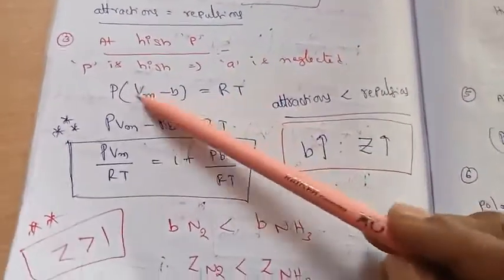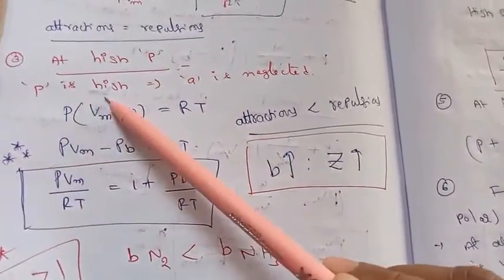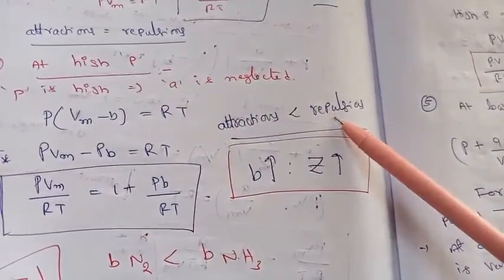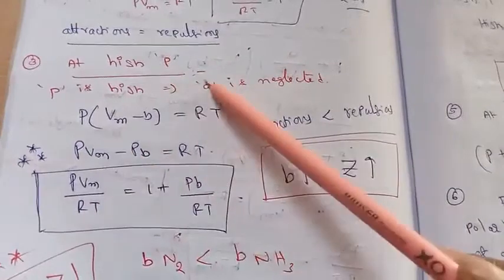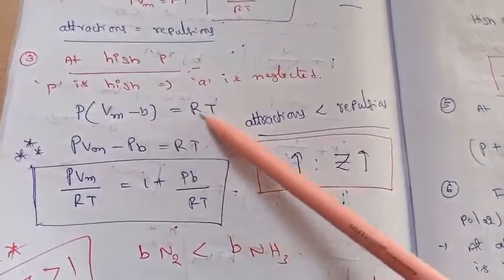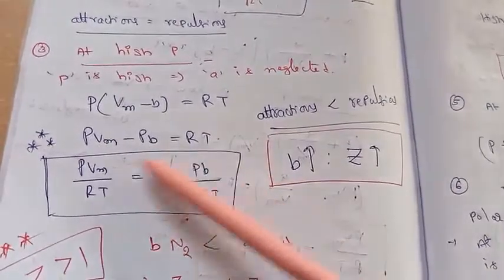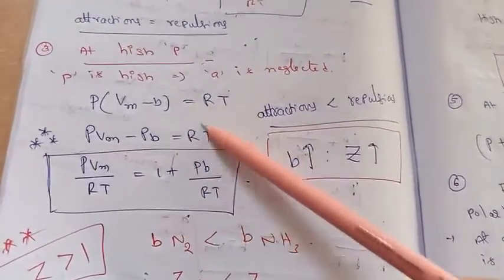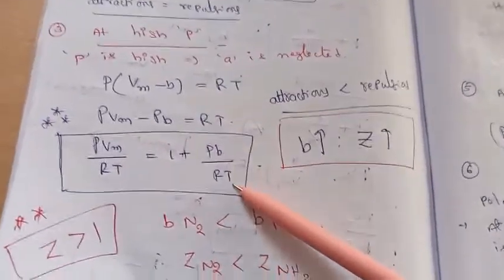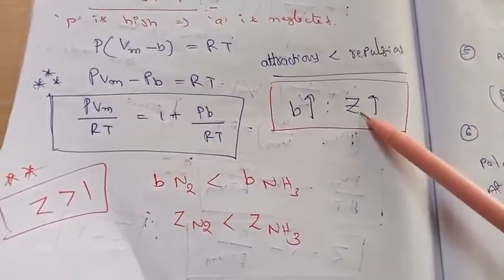Now the very important case, high pressure. What will happen at very high pressure? P is very high, so a is neglected. That means repulsions are greater than attractions. So P(Vm − b) = RT, giving PVm − Pb = RT. Dividing both sides by RT, PV/RT = 1 + Pb/RT. Now as b increases, the size of the molecule increases, and Z also increases.